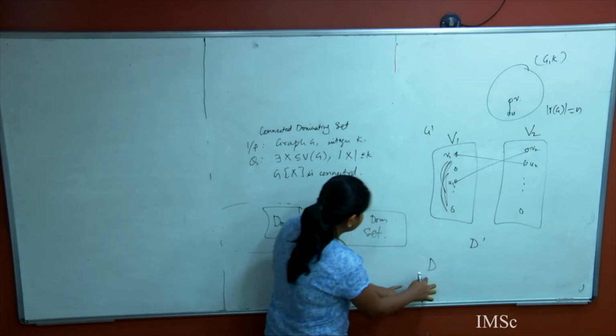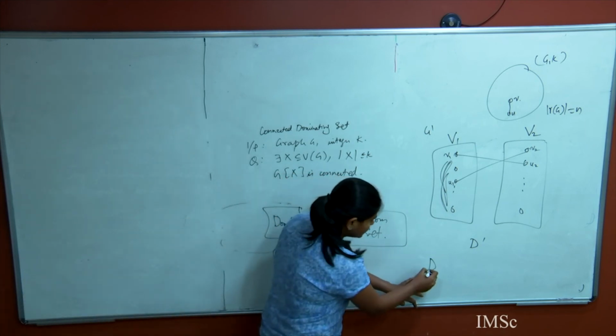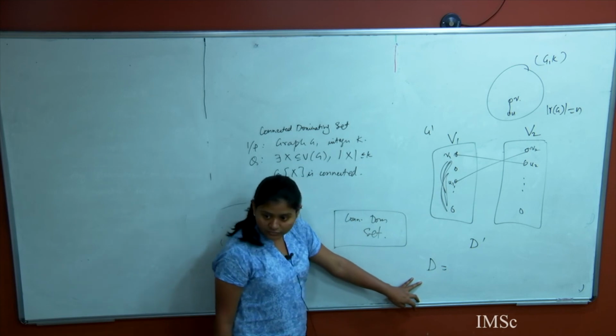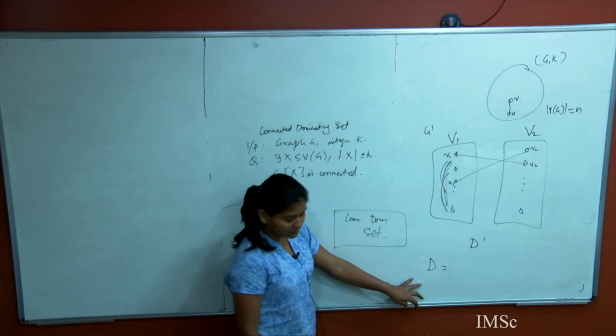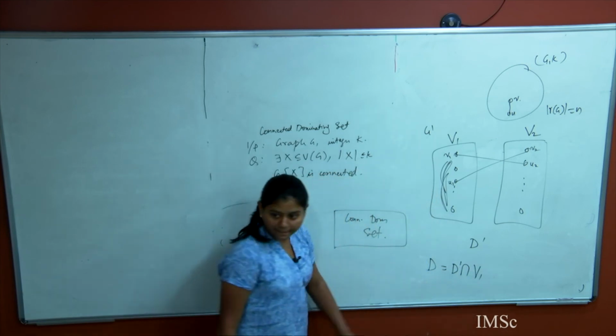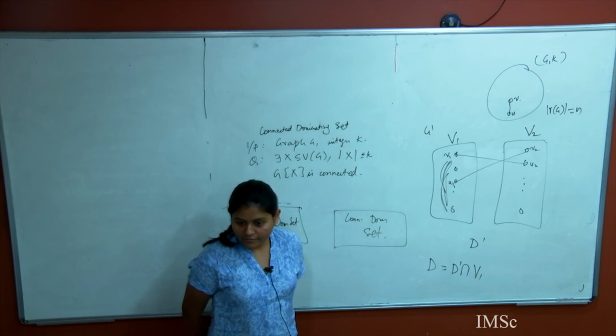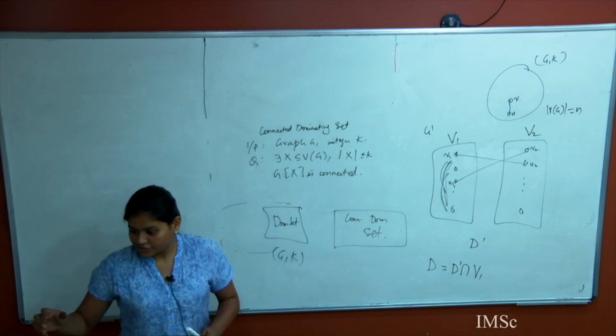I want to create a set which is a dominating set in this graph. So what is the construction? You take D prime intersection V1, and then you take the corresponding vertices in V1 which are there in D prime intersection V2, because there are no edges within V2.